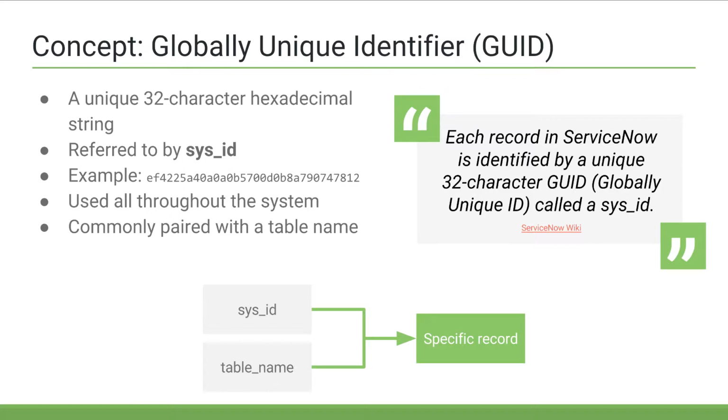If you wanted to reference a specific incident and you had that sysID, you could use the sysID plus the table name, in this case incident, to quickly query and locate that incident. Now, in theory, because sysIDs are unique, you could find that record just by using the sysID. But it turns out it's much more efficient and quicker to find that record by adding the name of the table.